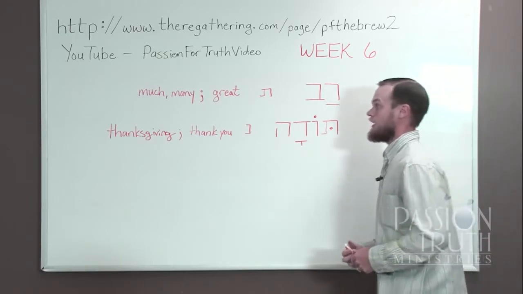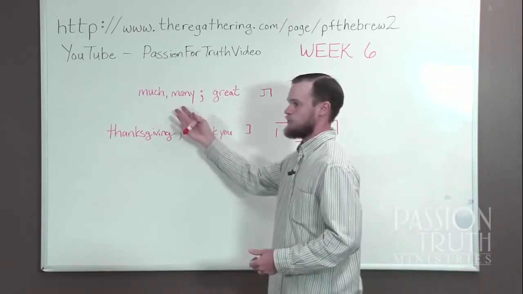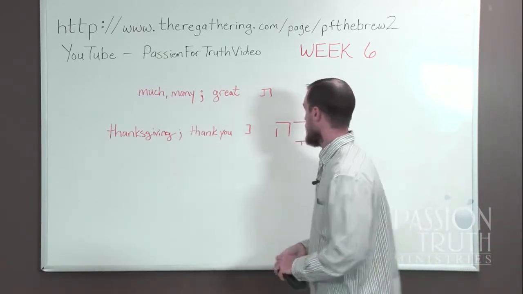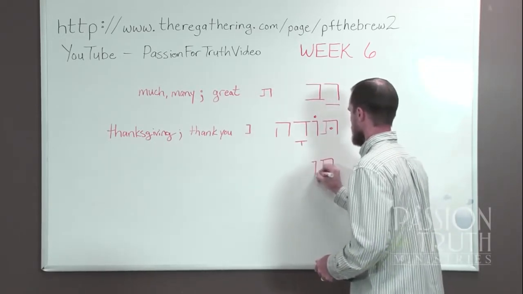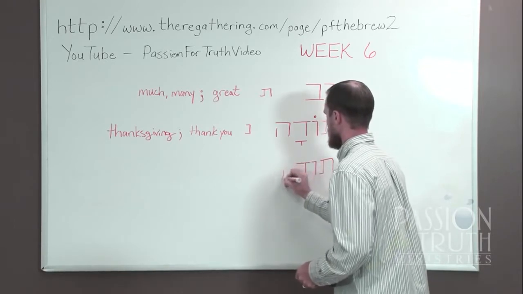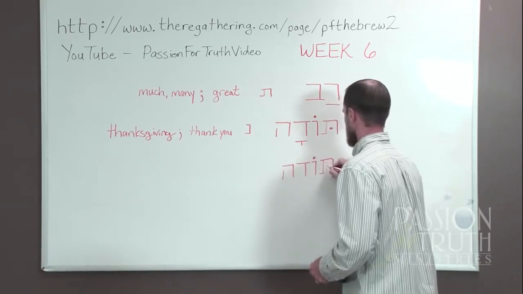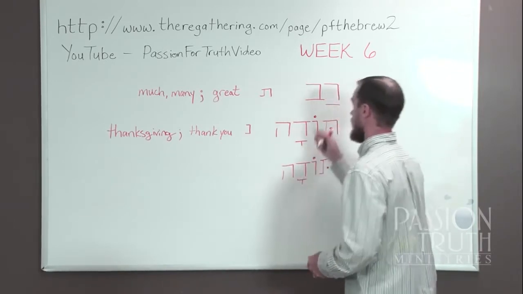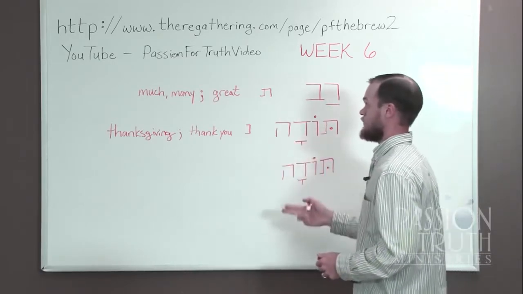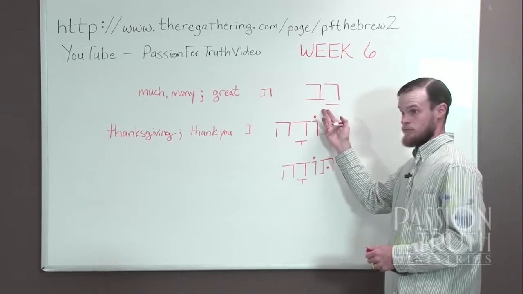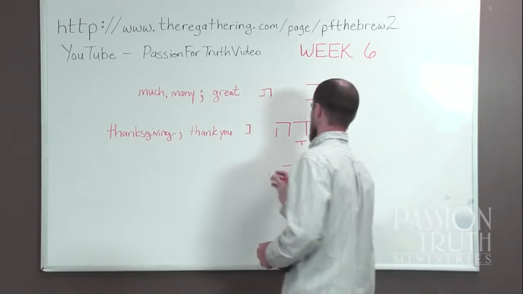So if we wanted to say thank you very much, we'd have todah first. We know that Rav is our base adjective, but since todah is feminine, we need to make Rav feminine to modify todah.